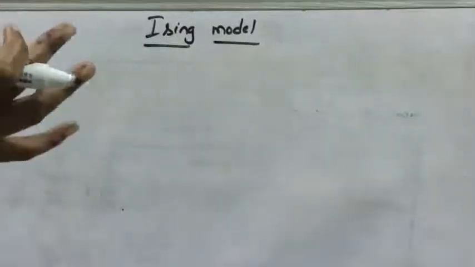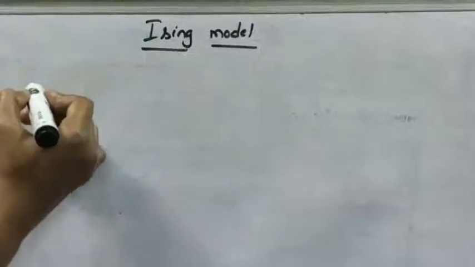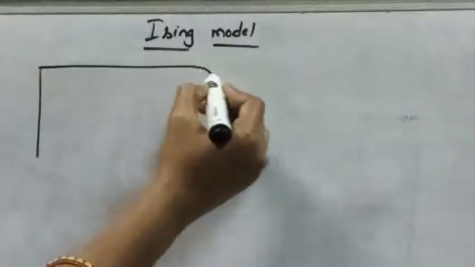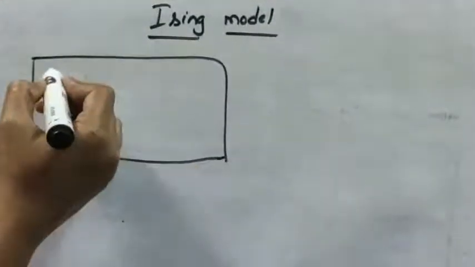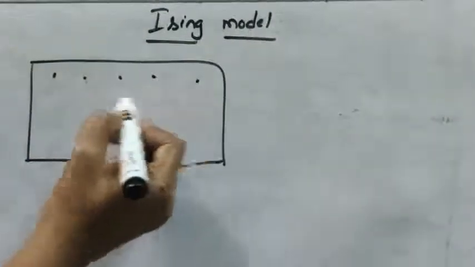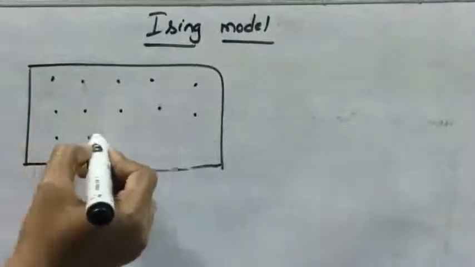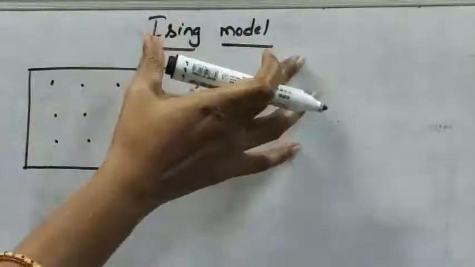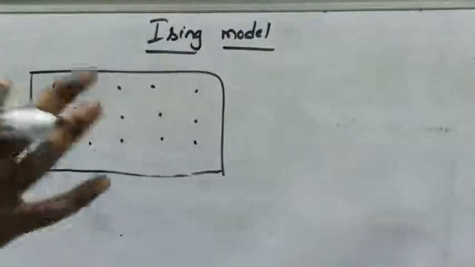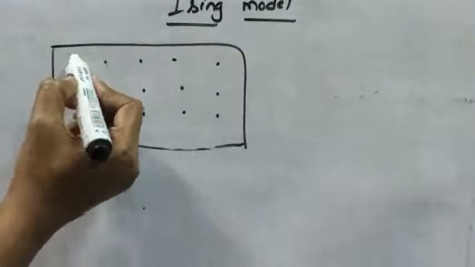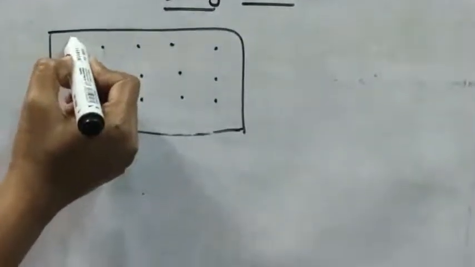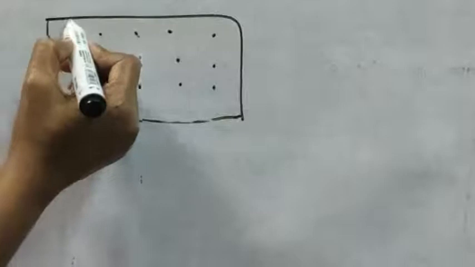So far we have expressed the equation which represents the total energy of the system. Now our aim is how to calculate the energy in a substance. According to this model, the interaction exists between neighboring particles only, and each particle exhibits a spin.